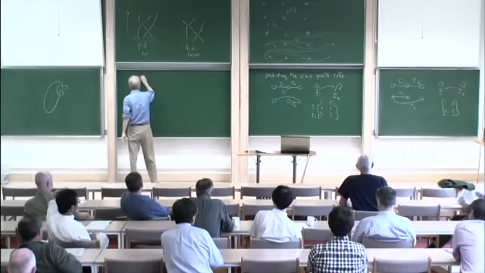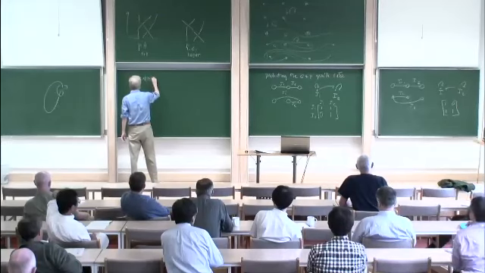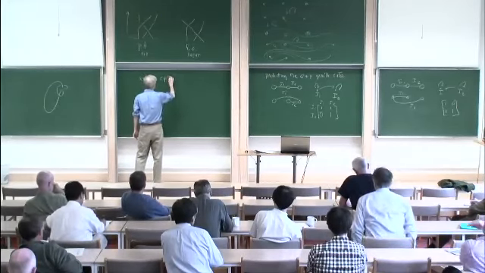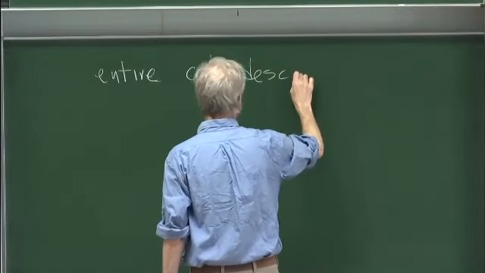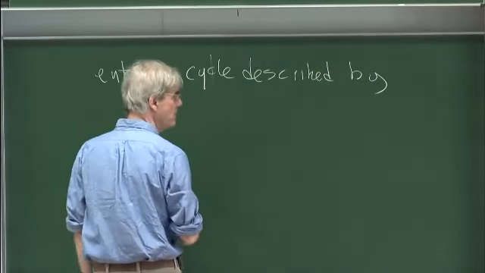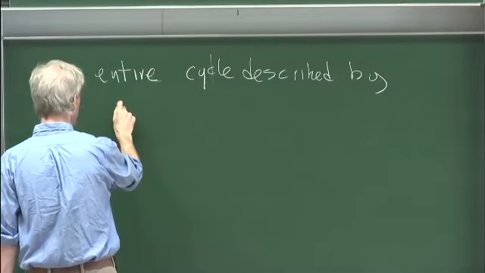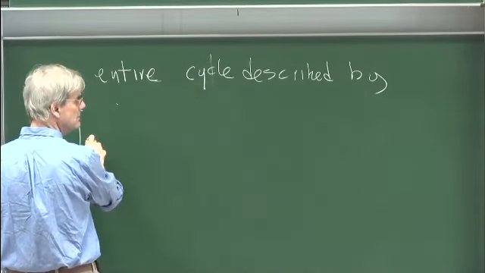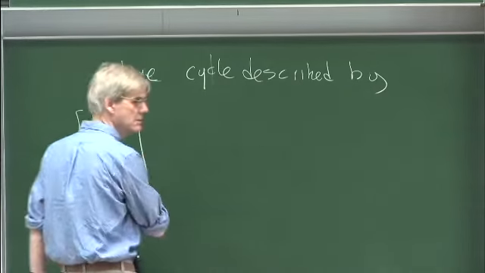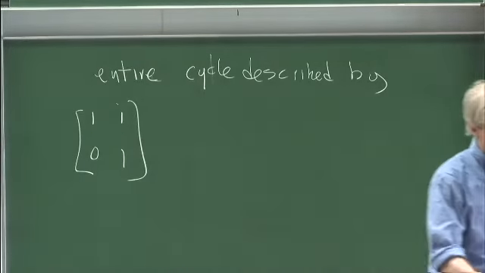So the entire protocol, or the entire cycle, is described by, well, we can do two things with it. Let's multiply the matrices, and hopefully I got them in the right order here. We do this one. Now I have a transpose here, so we're actually doing the other one first.